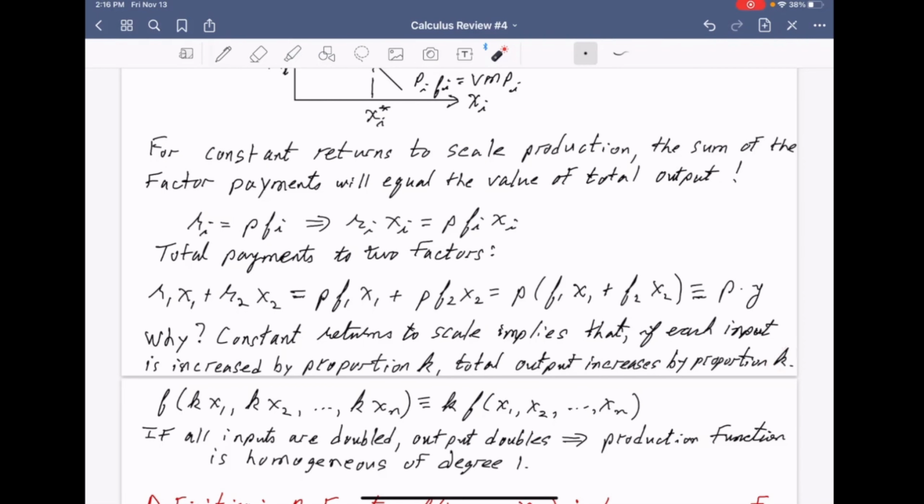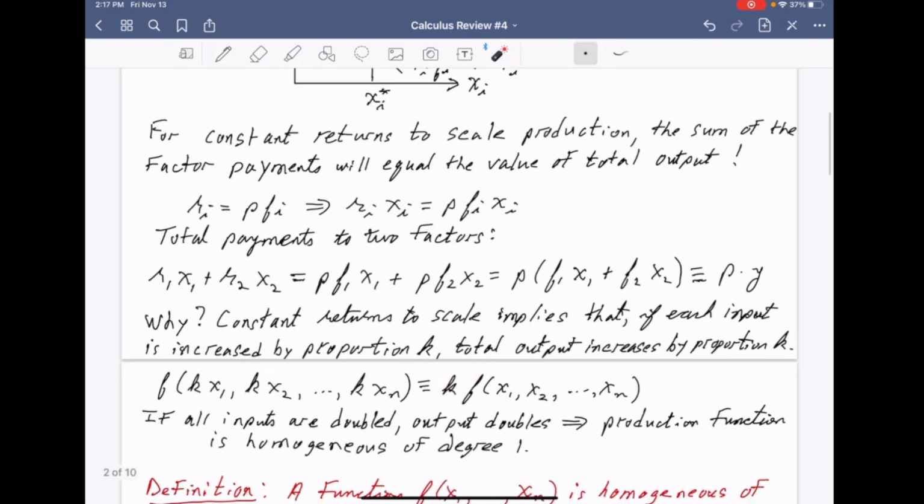So in other words, if we take some production function, which is a function of x1, x2, ..., xn, and we multiply each of the amounts of the input that we use by k, then this is equivalent to multiplying the output itself, which is given by f(x1, x2, ..., xn), by k.